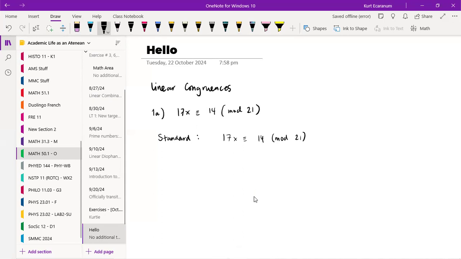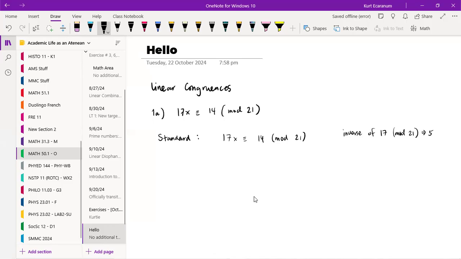Ang inverse ng 17 mod 21 is... Ay, hindi. 5 pala. Kasi 17 times 5, 85. So, that's, ayan.